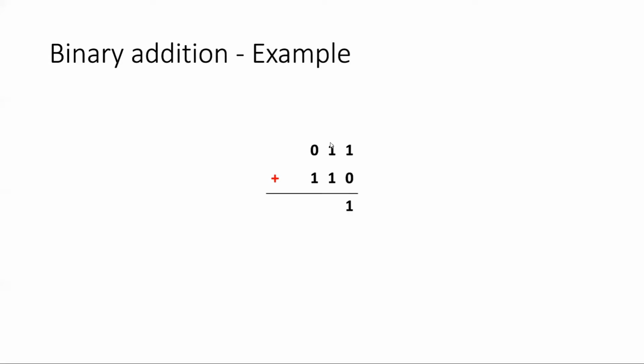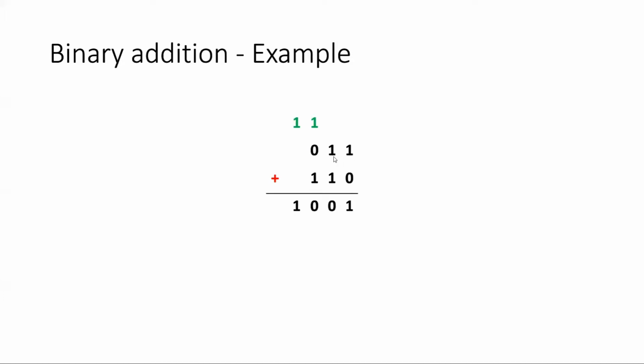Then we move on to the next bits. 1 plus 1 is 2, so we learned that it will give us a carry. We put 0 here and a carry that goes to the next position. And again, here we have 1 plus 1, which gives us a 0 and a carry that we move down.